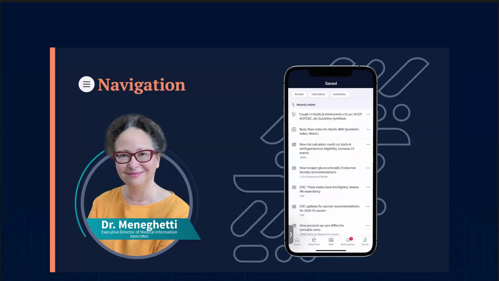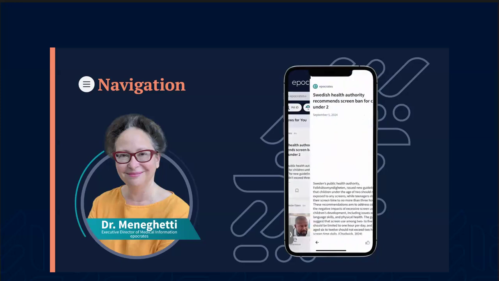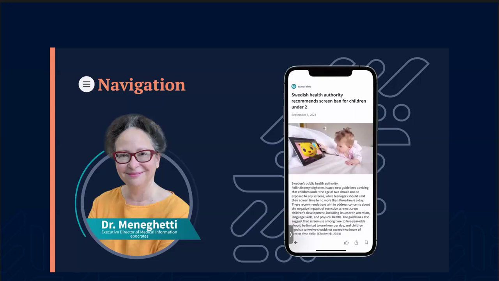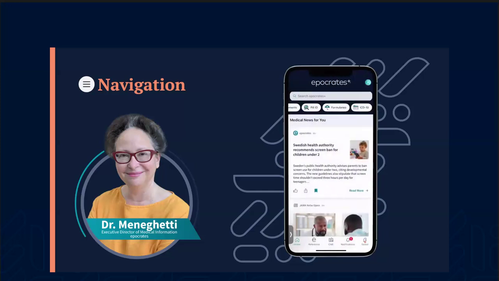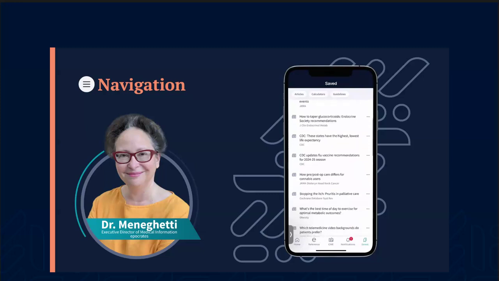Wherever you see the bookmark tab, tapping it will add the content to this area, and you'll never have to go searching for it again. For example, if I'm on this message, I see the bookmark tab at the bottom, and then it will be saved in my saved file. And you can access it all in a snap.